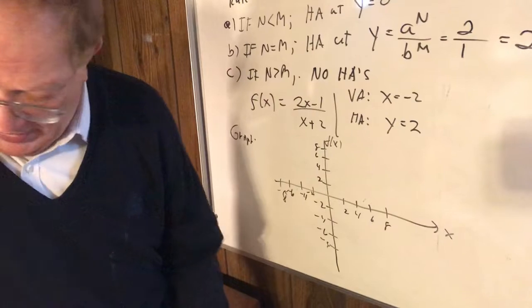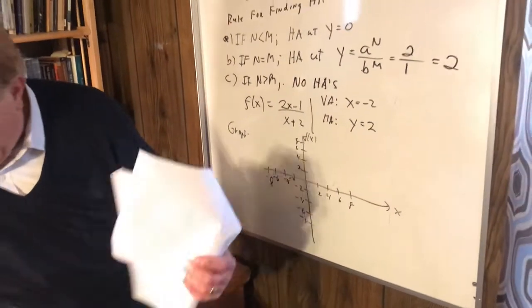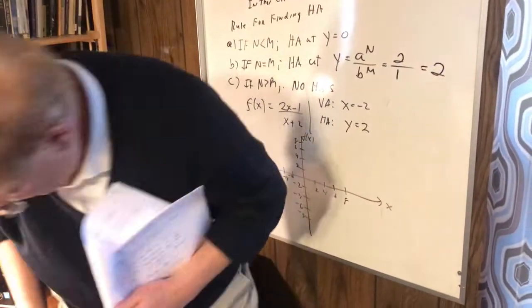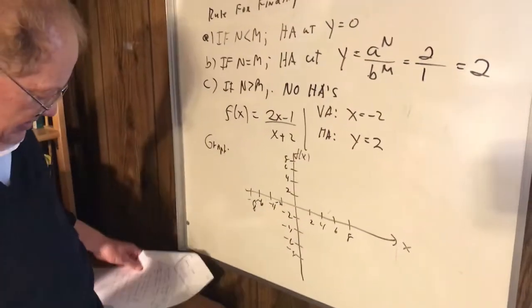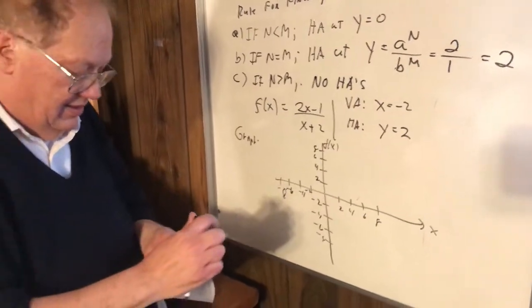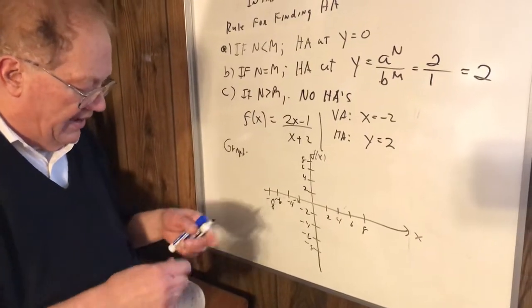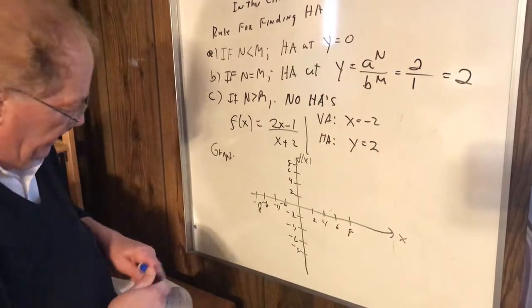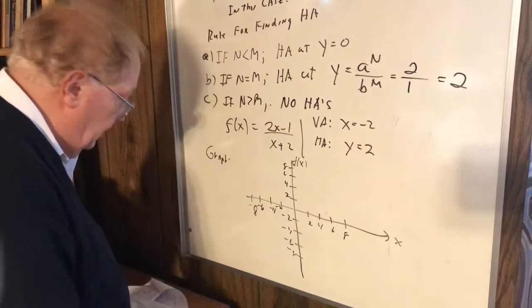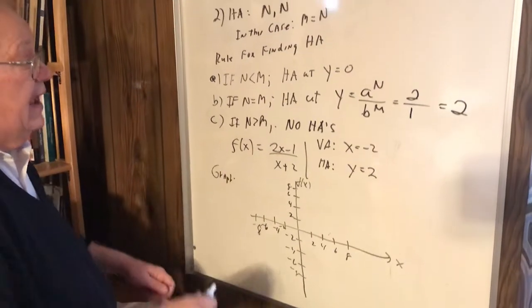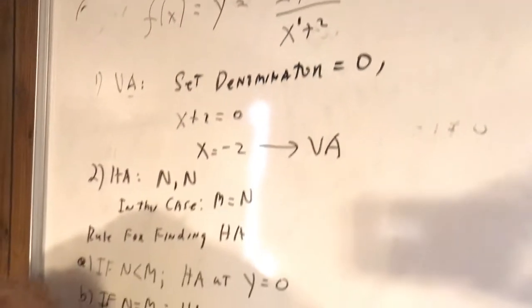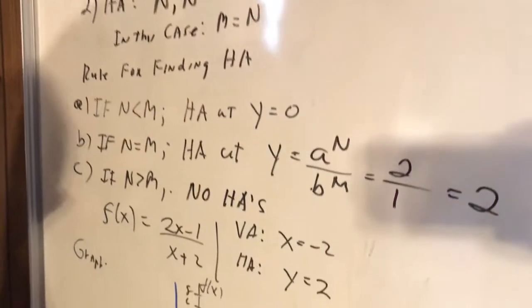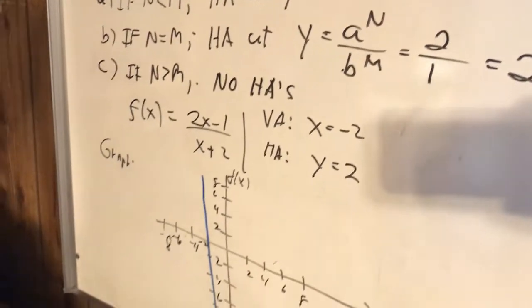Okay, so let's use another color pen to draw the asymptotes. I think I have a handy blue pen here. So an asymptote is defined by a straight line. If you look at the straight line x equals minus 2, that's over here. That is the vertical asymptote.